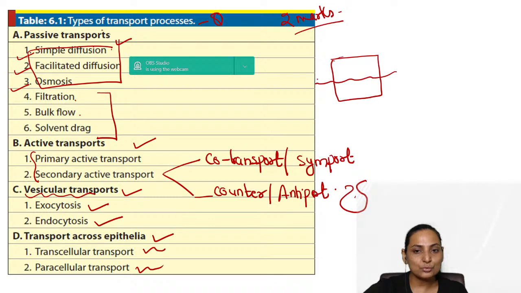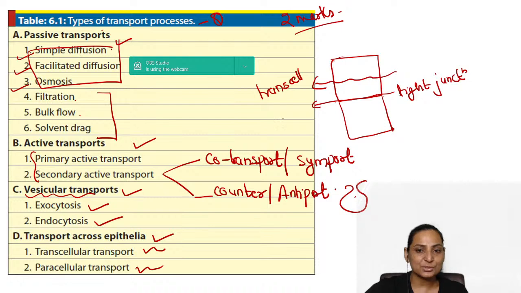But suppose there are two cells and the substances are passing between these two cells, especially through the tight junctions between the two cells, then that becomes your paracellular transport. So just enumerating, and if you enumerate very correctly, you get 2 by 2.